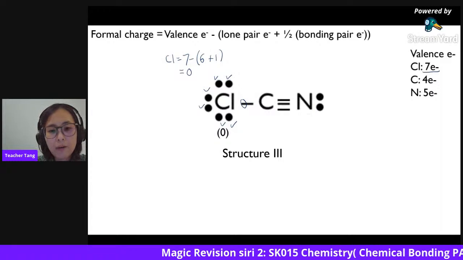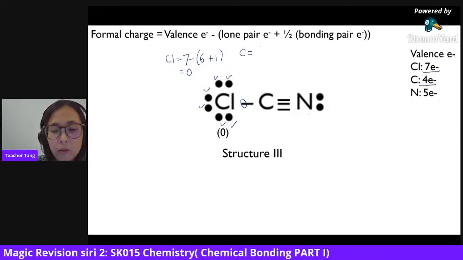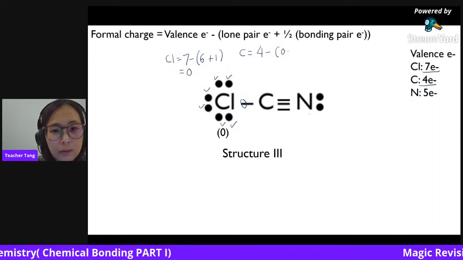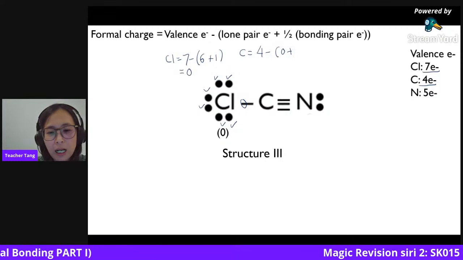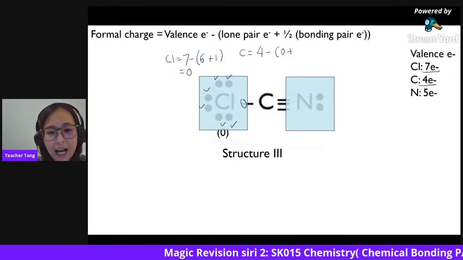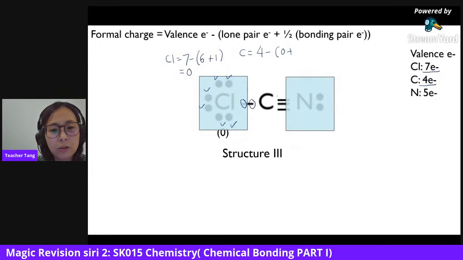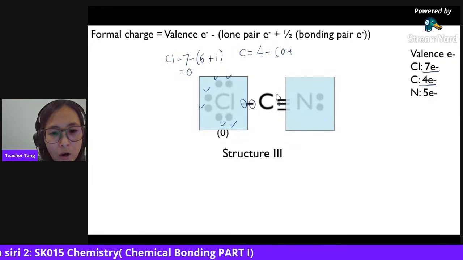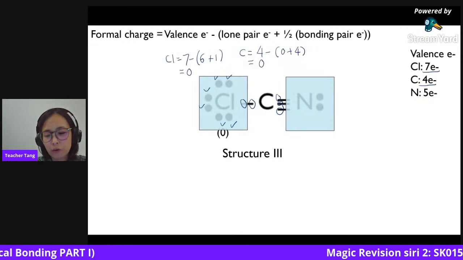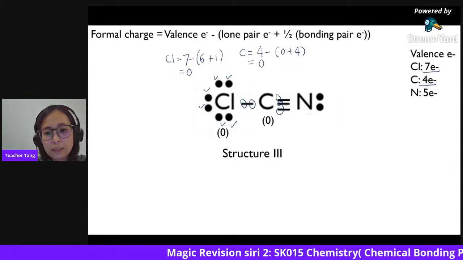And then for carbon, also do the same thing. So 4 valence electrons. There are no lone pair electrons around carbon. And then half bonding pair electrons, so cover the bonding pair electrons by half and only count the electrons that belong to the carbon. So there is 1, 2, 3, 4. So 4, to give 0 formal charge for carbon. And for nitrogen, also the same thing.